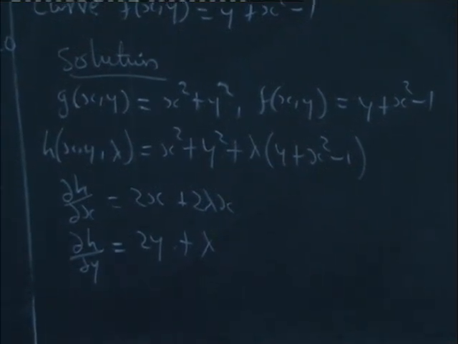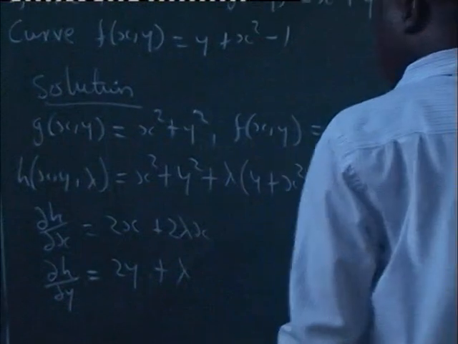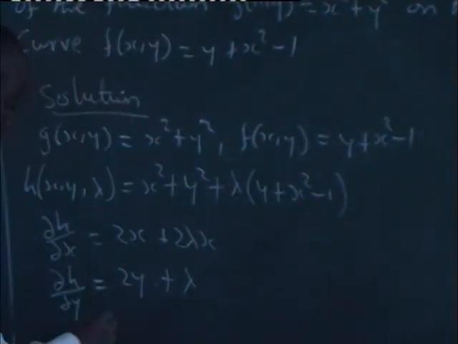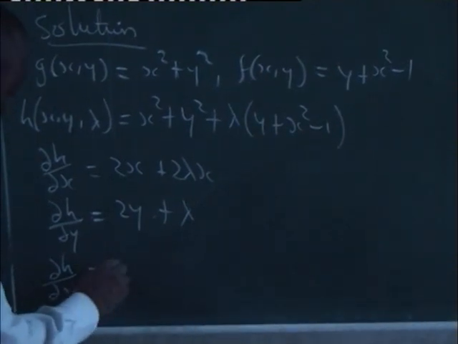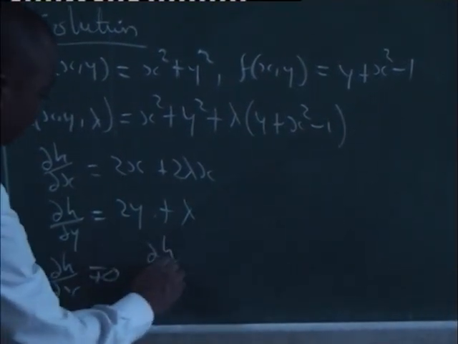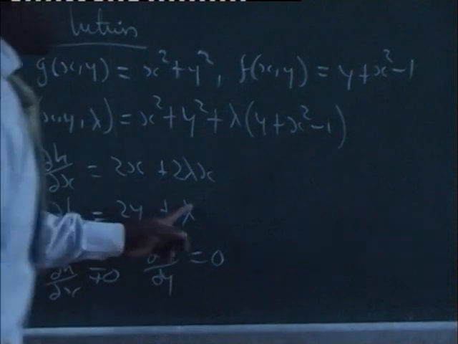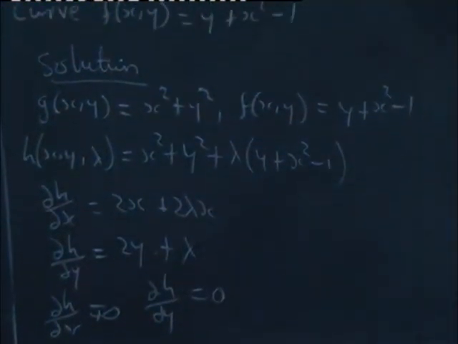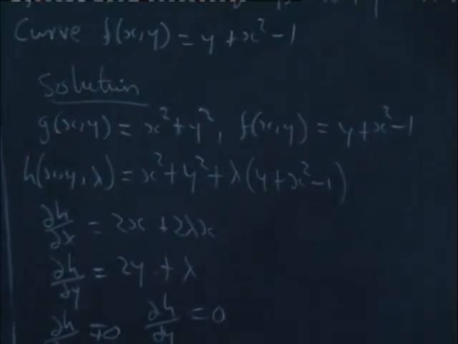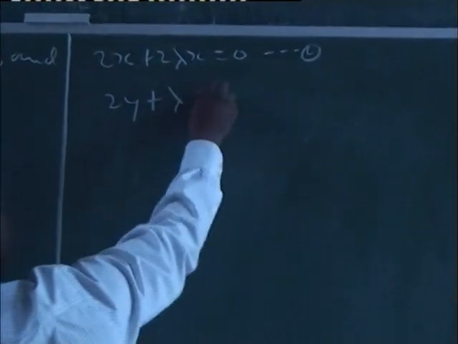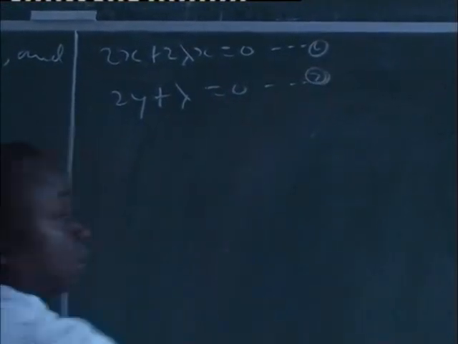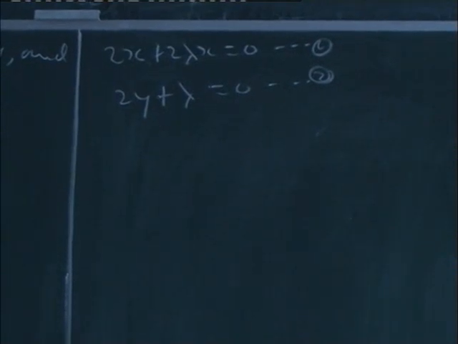Now the condition was that partial h, partial x equals 0 and partial h, partial y equals 0. So what we do now is to have 2x plus 2 lambda x equals 0, which is equation 1. Then 2y plus lambda equals 0 is equation 2.